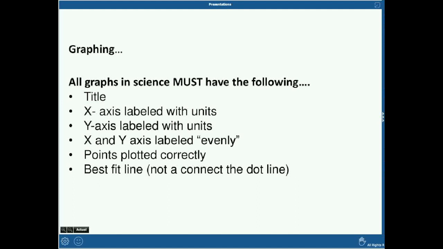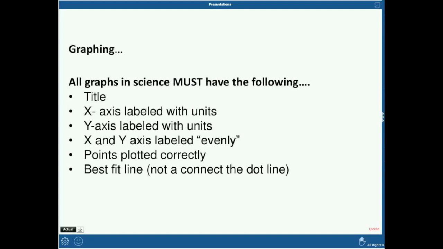Okay, so in science, all your graphs need to have a title. They need to have the x-axis labeled with the unit. So let's say time. We have time a lot on the x-axis.